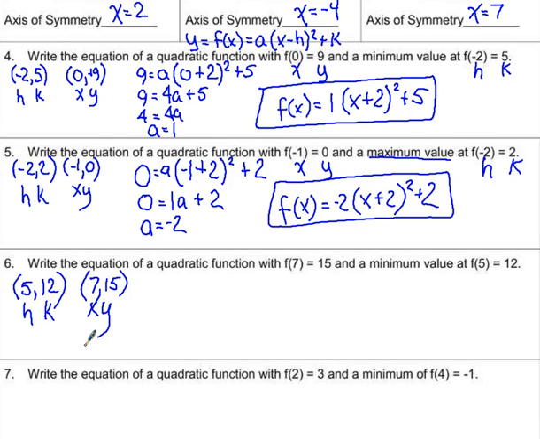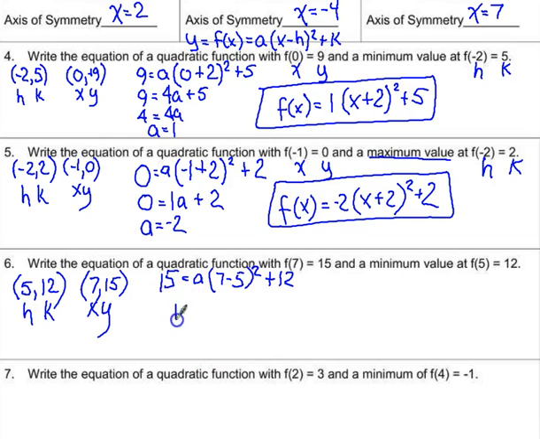Now we're going to go ahead and solve for a. So to solve for a, we plug in the information that's given. We have 15 equals a times 7 minus 5 quantity squared plus k, which is 12. 7 minus 5 is 2, and 2 squared is 4.